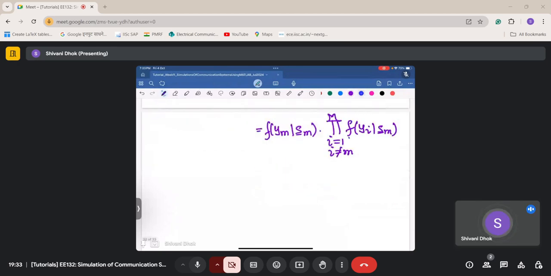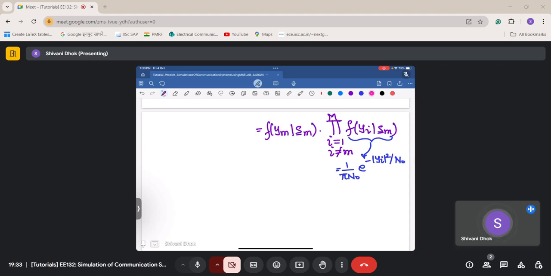Now this factor here is equal to 1 upon pi N naught e power minus magnitude of yi square by N naught. And this is happening m minus 1 times.